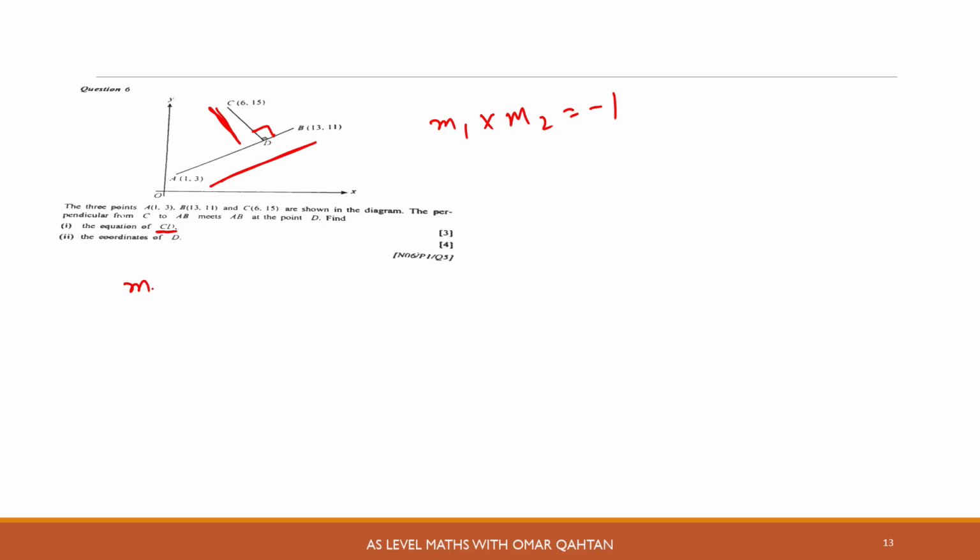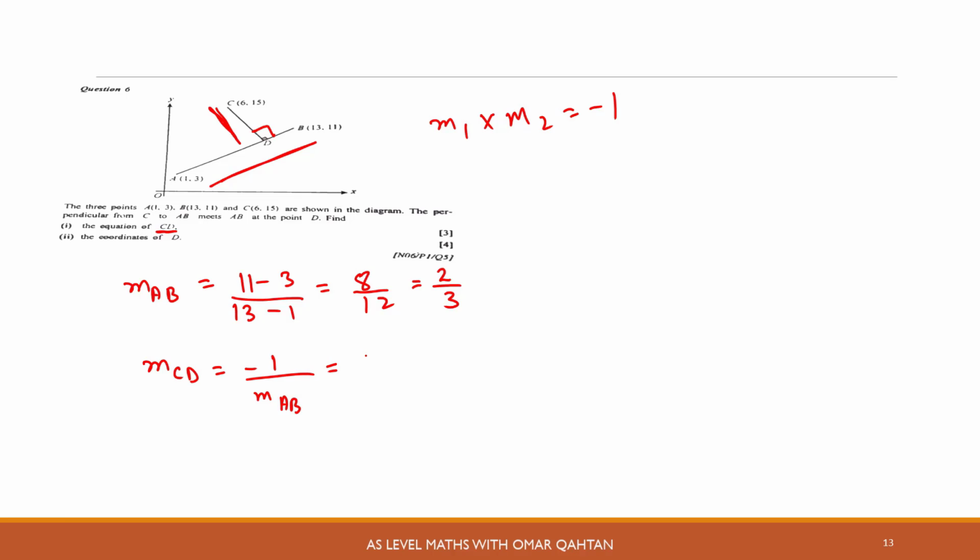First, finding the gradient of AB, that will be 11 minus 3 upon 13 minus 1, that will be 8 upon 12, which is equal to 2 upon 3. I know that if I want to find the gradient of this line CD, I would just write -1 upon m of AB.